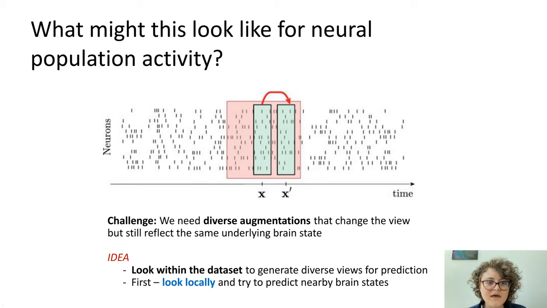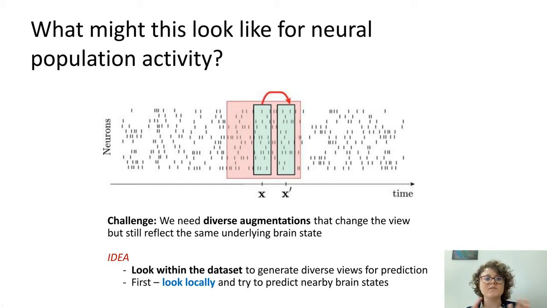How we can do that is first by using temporal consistency. As I'm showing here in the picture, X would be the activity or the firing rate of multiple neurons stacked into a vector, and that's the brain state vector or observation that we're interested in. When we build an augmentation, what we're interested in doing is figuring out the common or shared information between two neighboring points in time.